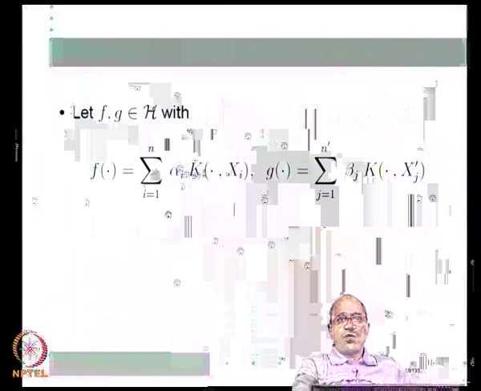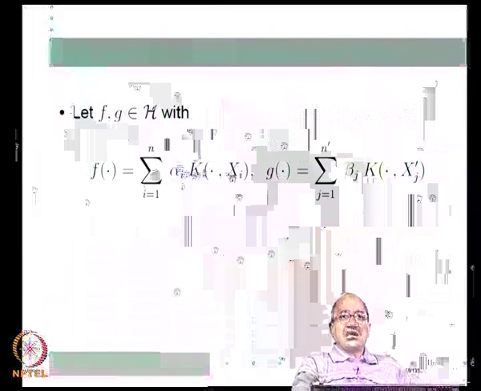Let us take any two elements of H, f and g. Every element of H is a finite linear combination of kernel functions centered at x_i. So, f is the summation from i equal to 1 to n of alpha_i k(., x_i), for some reals alpha_i and some elements x_i. And g is the summation of beta_j k(., x_j prime).